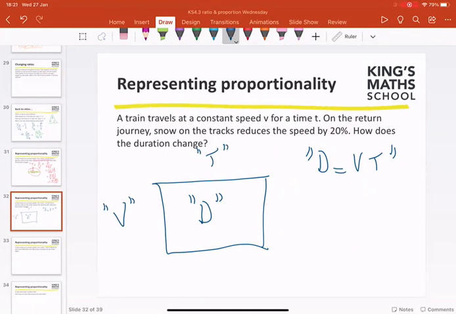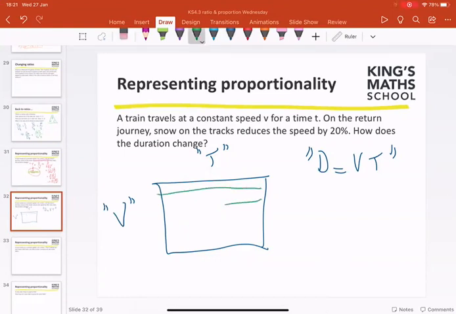And that's a very powerful way of thinking about the distance in a velocity time problem, or thinking about the mass in a density volume problem, because obviously mass is density times volume, or thinking about the force in a pressure area problem, or ultimately, of course, thinking about the constant of proportionality in inverse proportion. Because if you've got x is k over y, then you've got k is xy, so k is the area of the xy rectangle.